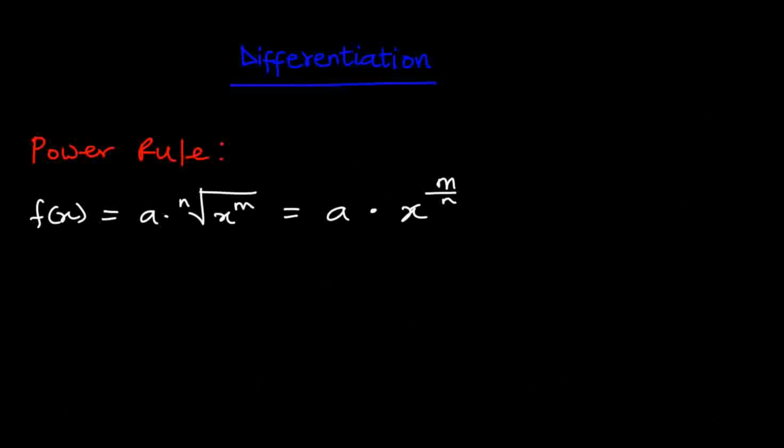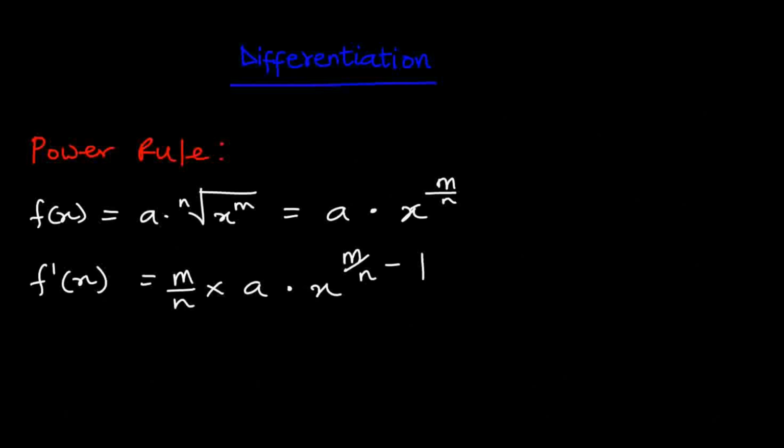When we write it in this form, we can find the derivative very easily. Therefore, the derivative will be n over n times a multiplying x to the power n divided by n minus 1.